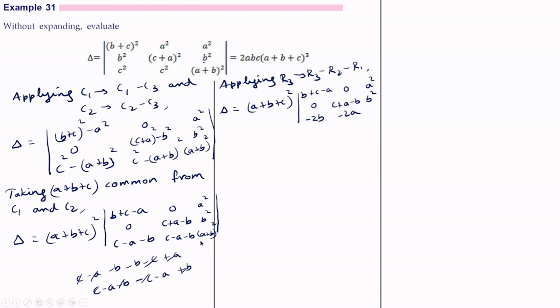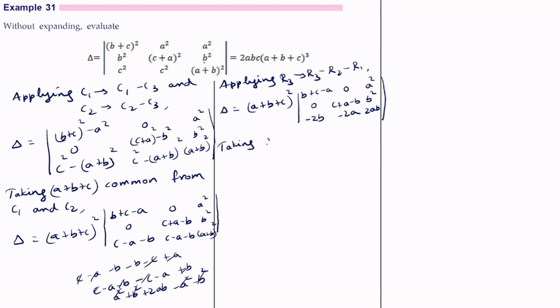And here it will be a plus b the whole square, then minus a square minus b square. So it is a plus b the whole square is a square plus b square plus 2ab minus a square minus b square. So a square, b square will go. So here we will have 2ab. And now here 2 is common from the third row, which can be taken outside.